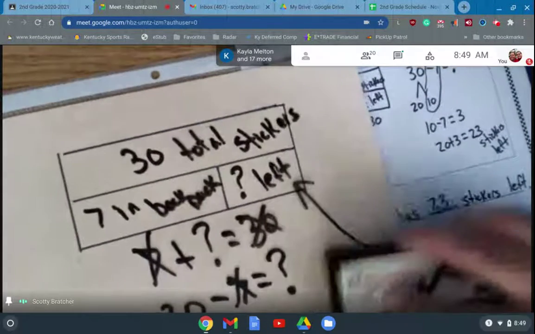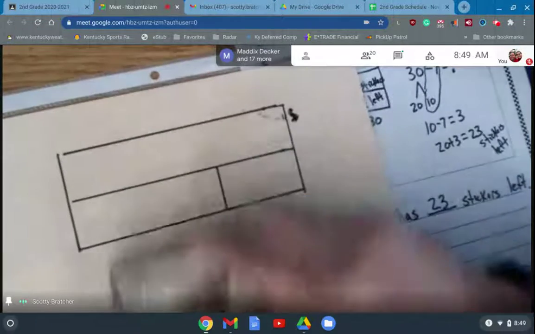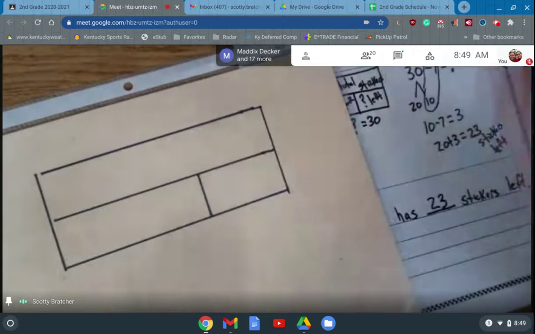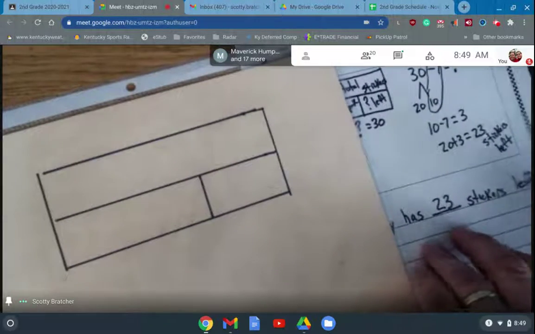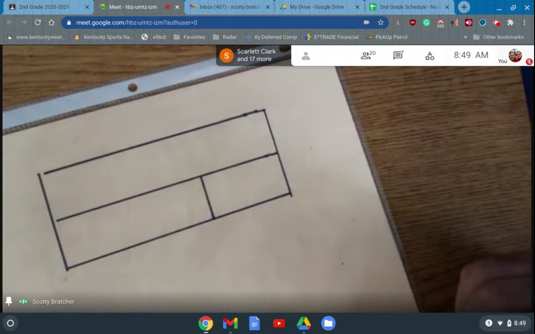Either you have your camera off, which is okay, or the internet connection on my end or your end or both is not good enough for me to see you. So I'm kind of teaching in the dark here sometimes, and without some feedback from you all, I don't know if you're all understanding what I'm saying, okay? Okay. All right. Anybody got any questions about what we're doing? No? All right.